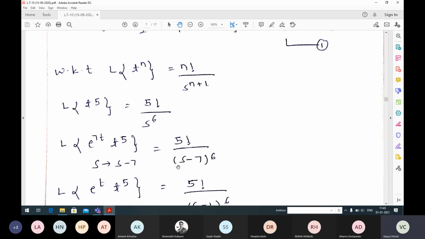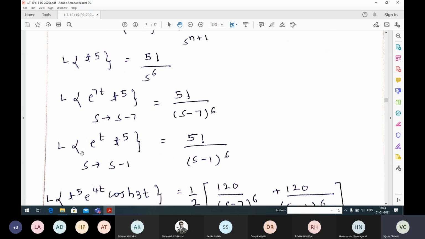So 5 factorial divided by s minus 7 raised to 6. Similarly, the Laplace transform of e raised to t times t raised to 5 is 5 factorial divided by s minus 1 raised to 6. Why s minus 1? Because e raised to at, a is 1, and we are using the shifting property here, right?